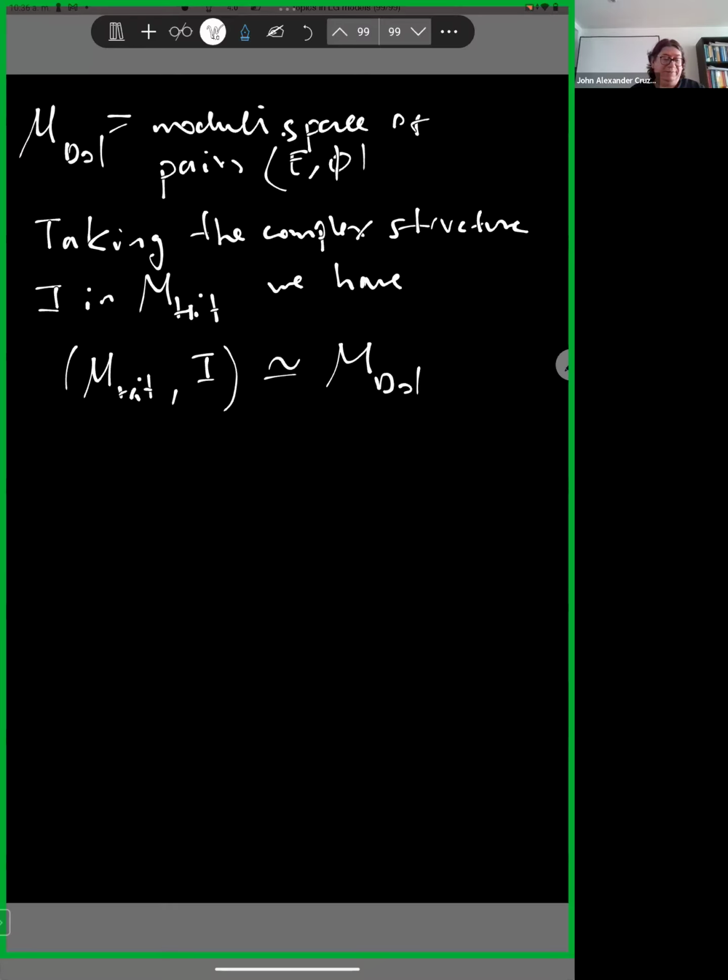How about if we fix the other complex structures, J and K? For J and K, we have the following.